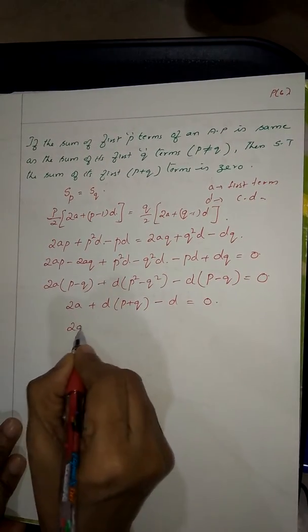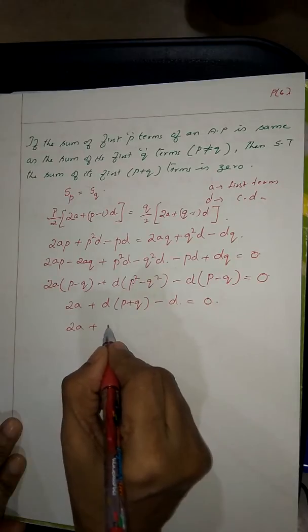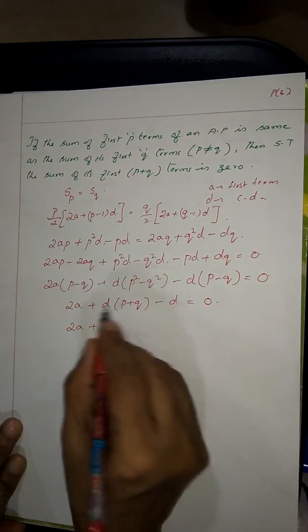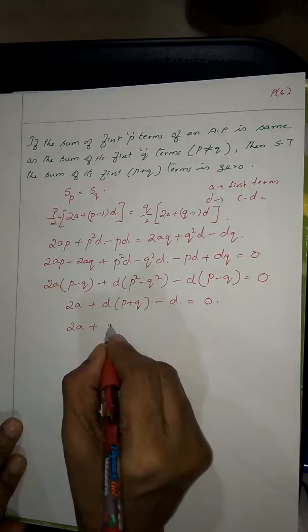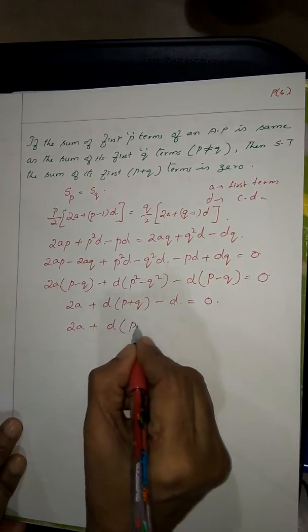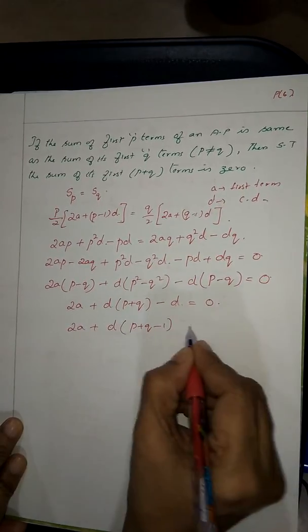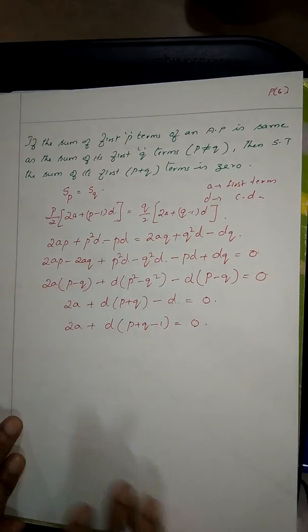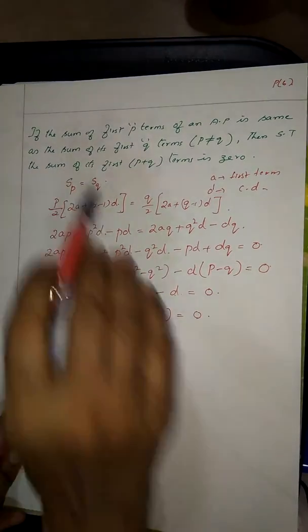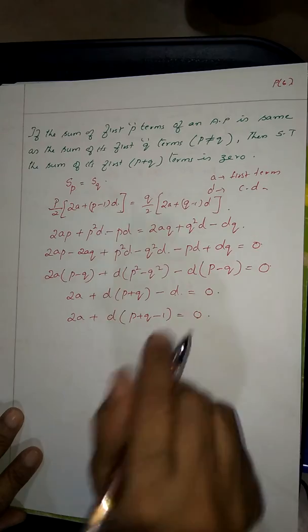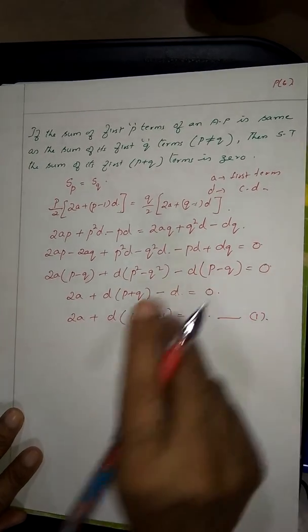Taking D out, this can be written as 2A plus D into P plus Q minus 1 is equal to 0. Let this be equation 1.